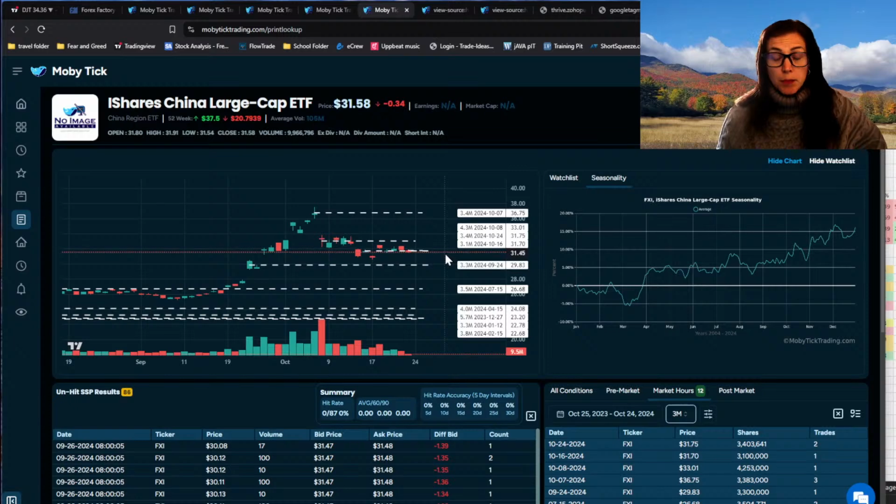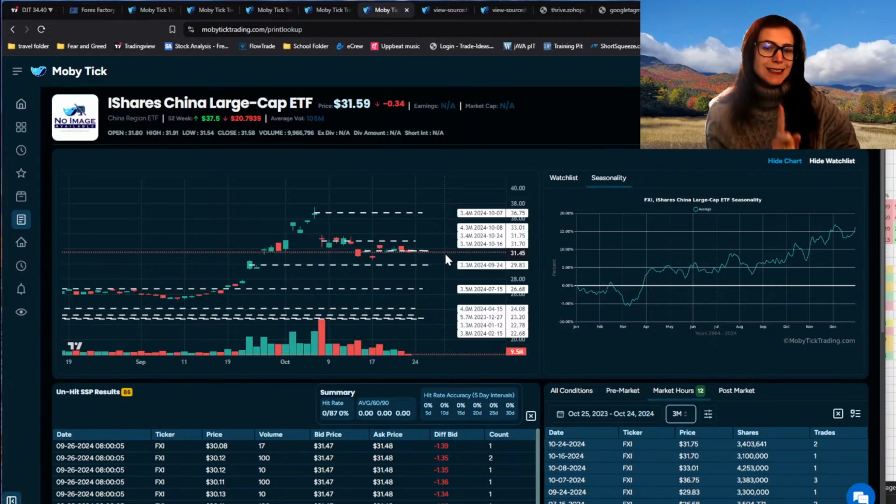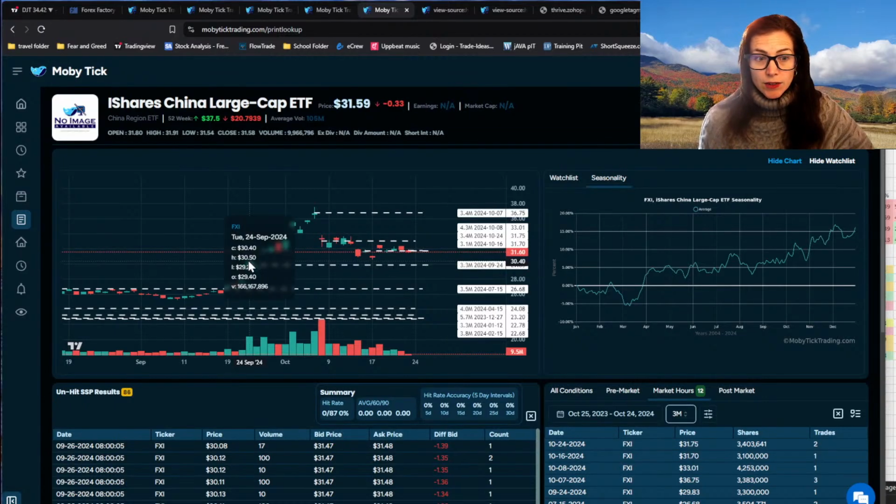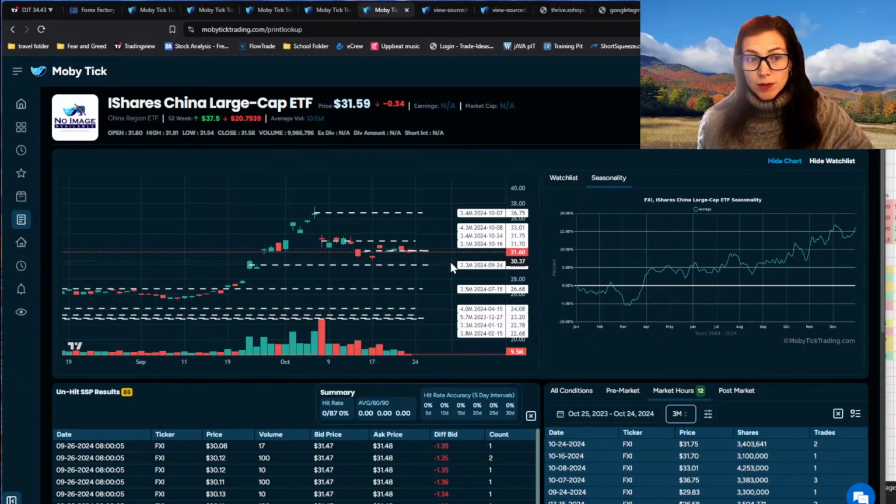Personally, I would look at this and go, okay, as long as we close below 31.70, there is a pretty good chance that this is heading back down to the $30 mark range, maybe to the height of this candle right here, where we could see that it's going to potentially come down to 30.37.